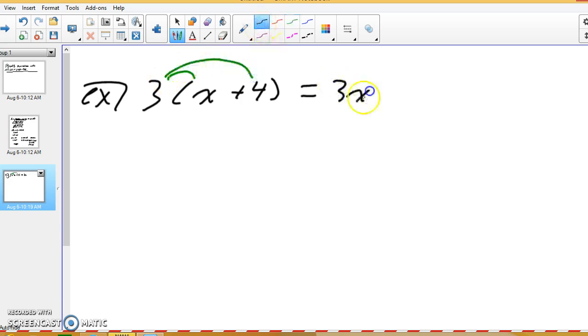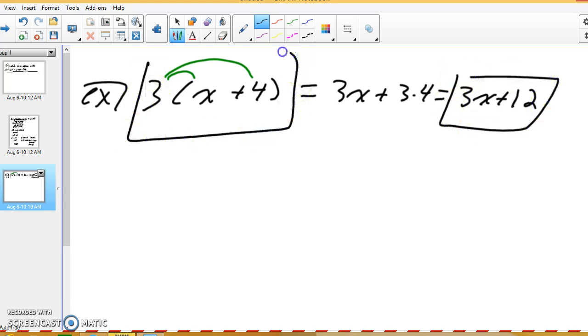That's 3x plus 12. And this is a little bit easier to look at. That's why we use the distributive property: so that we can simplify expressions into a more easily read equation.